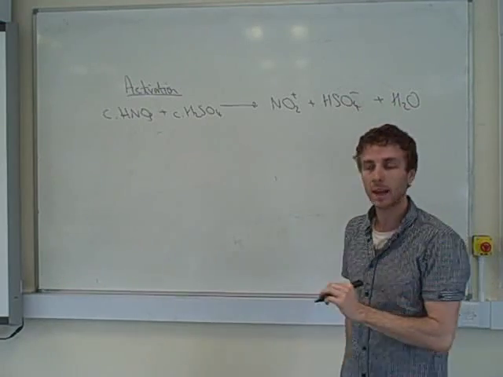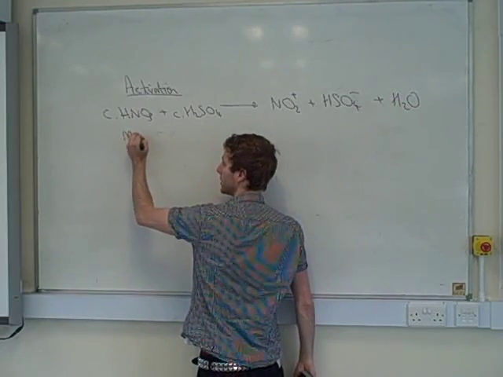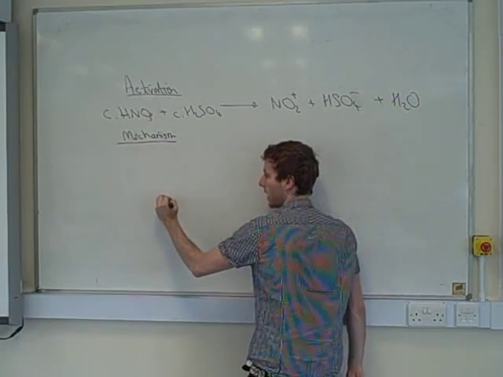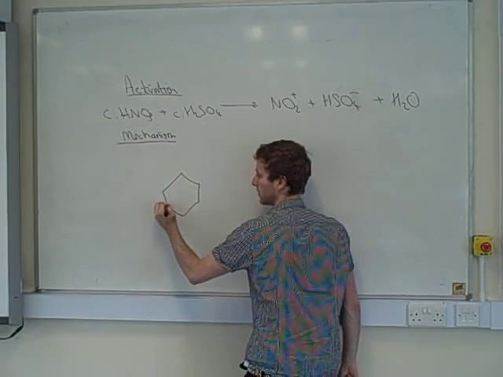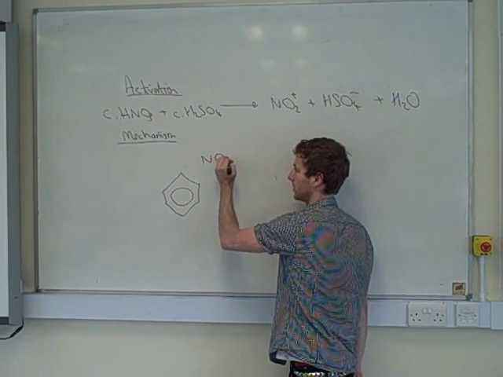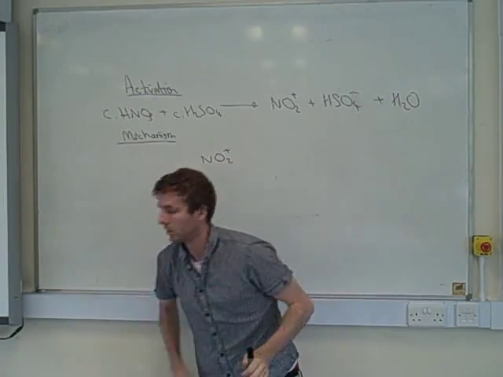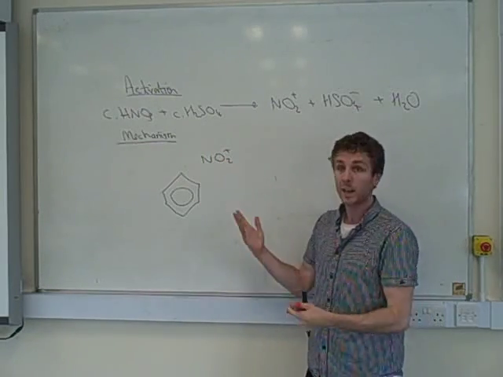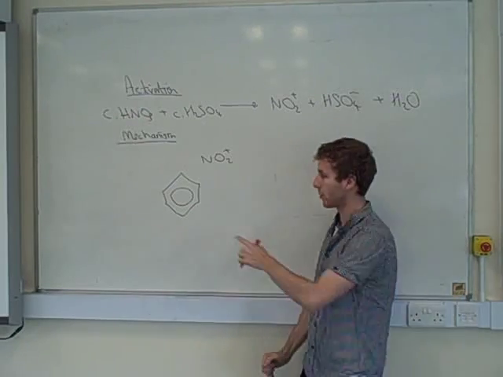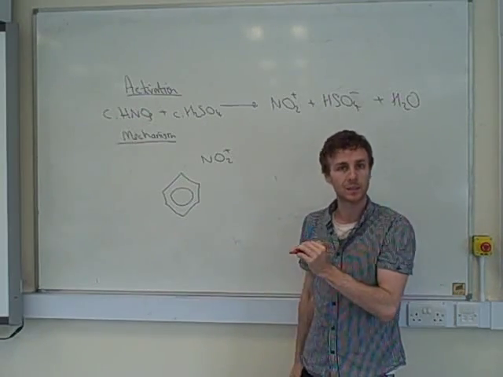Next comes my main mechanism, my curly arrow mechanism. So here is my benzene ring, and I have just made an NO2+. So what's going to happen here? Well, like I've just said, this is a very strong electrophile, so it's going to attract electrons from my delocalized electron ring.